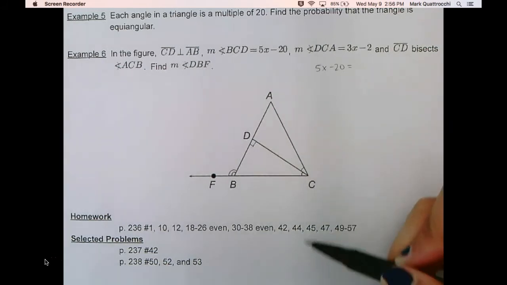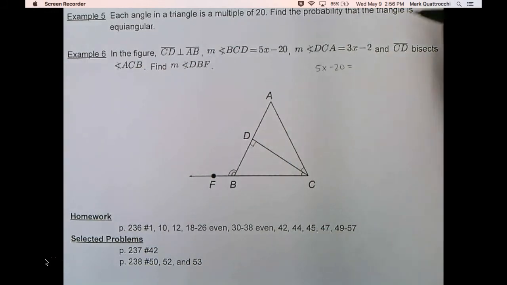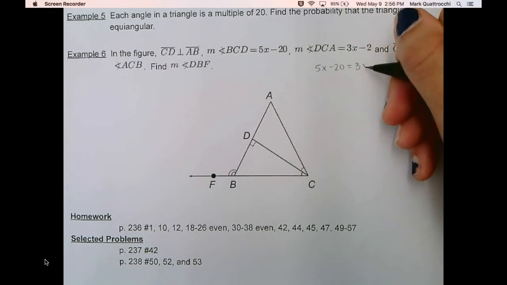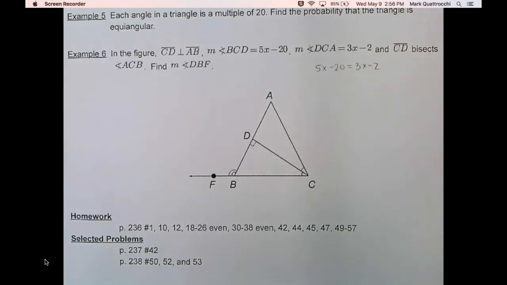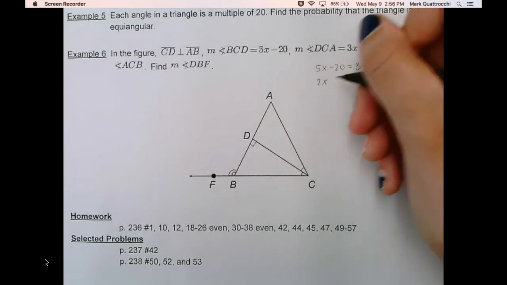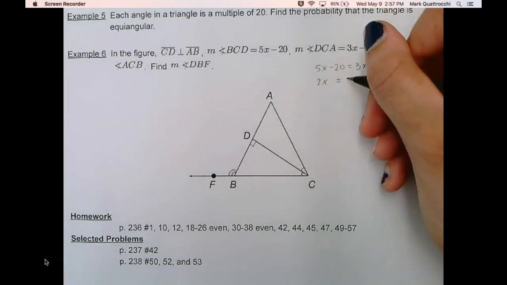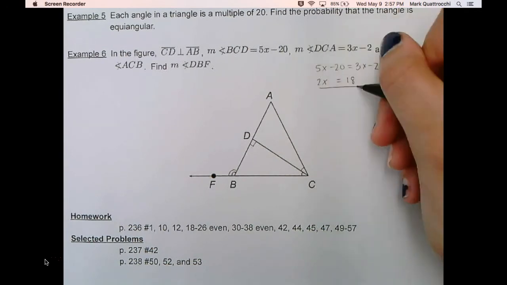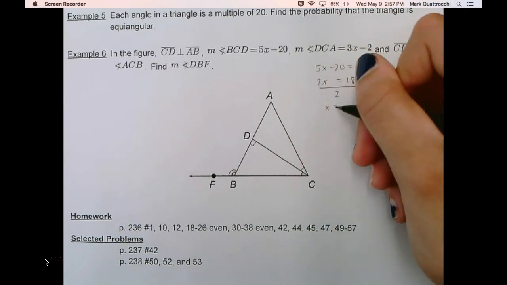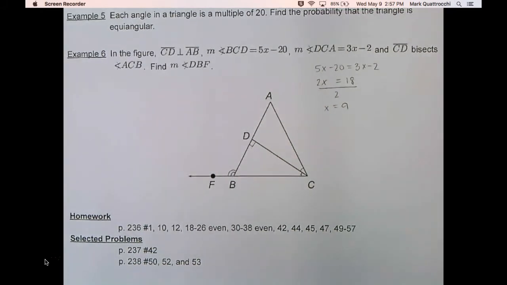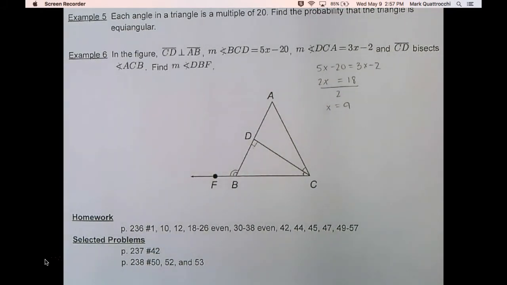So these two angles are congruent to each other. So we are able to solve for x. So x equals 9.